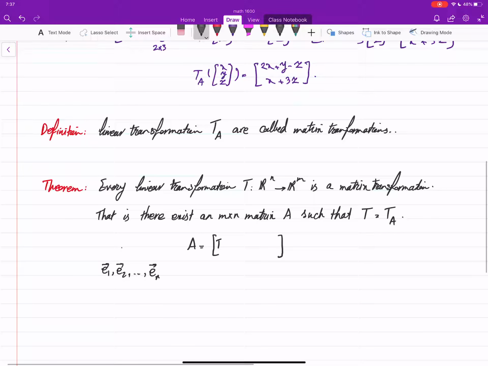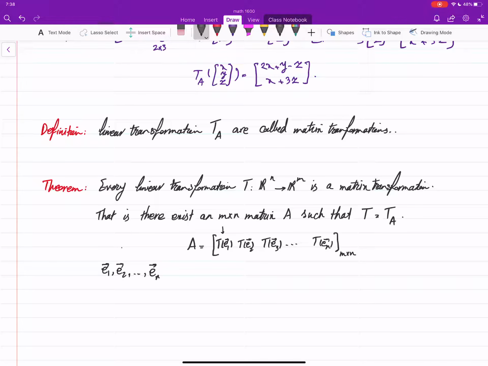You apply T on E1 and put it in the first column. Then you apply T on E2, you get another vector, put it in the second column. You apply T on E3, put it in the third column, and up to TEn, you get the last column. The matrix you get is an M by N matrix, and that's the matrix we have.